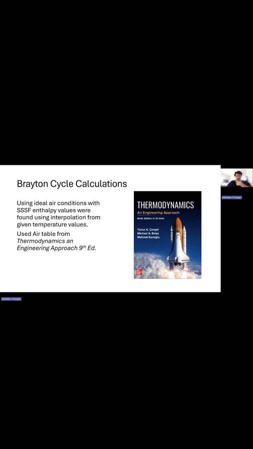Specific work is found for each device, and it's an open system. For the general first law of thermodynamics, you get the heat in minus the work equal to the change in enthalpy.